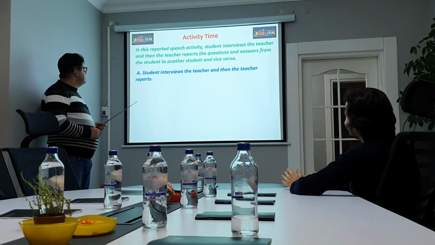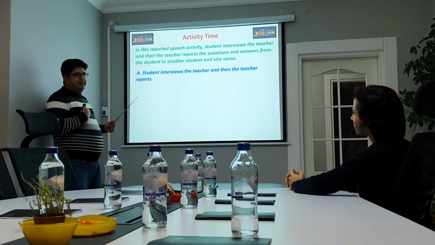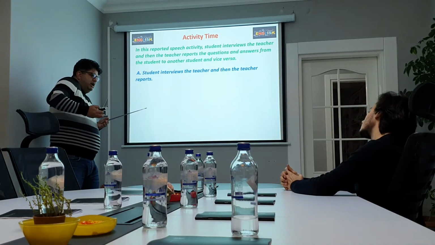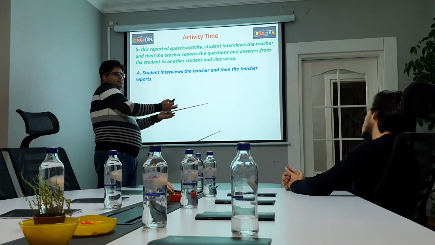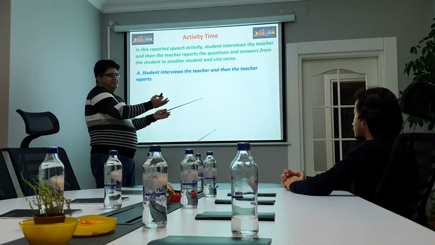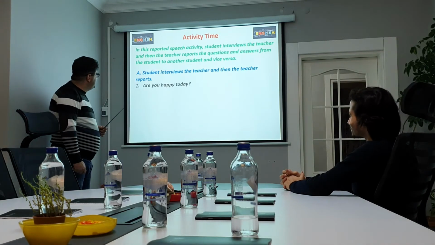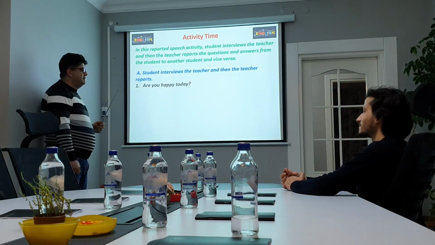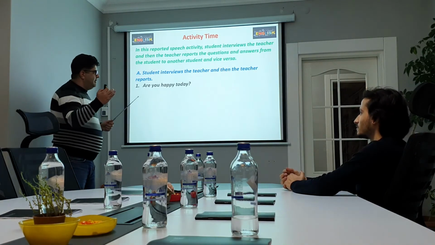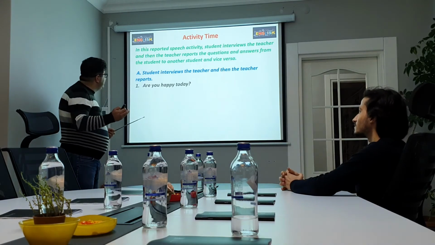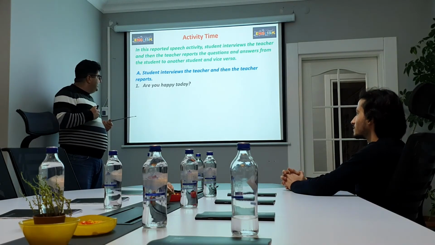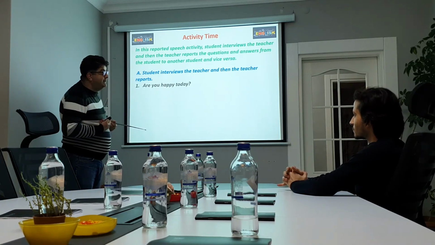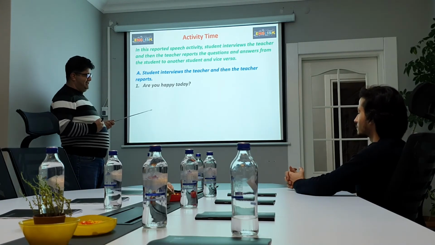So this time, you will ask me these questions directly, and I will report them indirectly to the flower named David. Okay. Are you happy today? David asked me if I was happy that day.